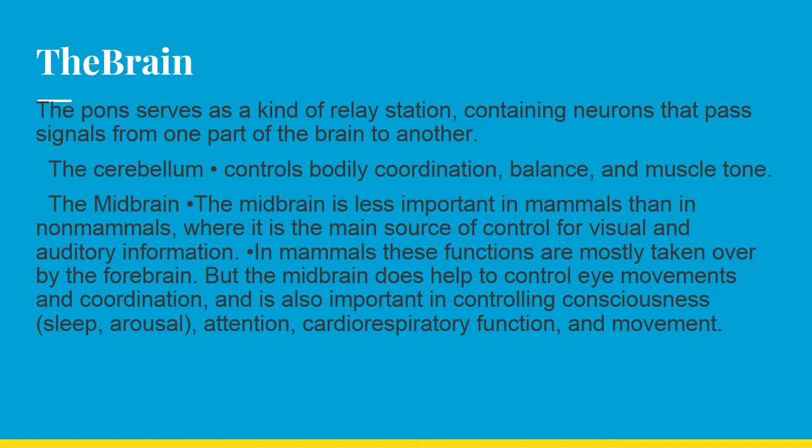And in mammals, these functions are mostly taken over by the forebrain. But it does help in controlling the eye movements, coordination, consciousness, which includes our sleeping, waking, then our attention, our cardiac functions, our respiratory functions, and also our.